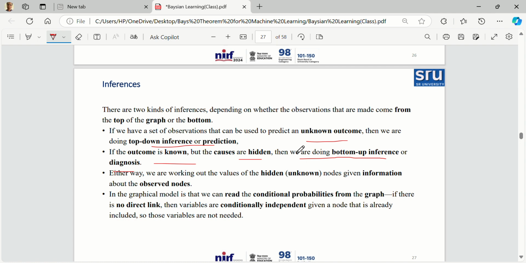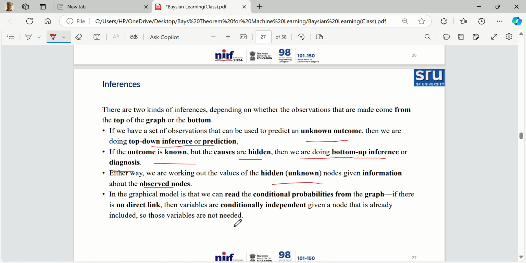Then they confirm that you have malaria or you may not have malaria. That is your diagnosis. Either way, you are working out the value of the hidden unknown nodes, given information about the observed nodes. Some are hidden, some are already observed.